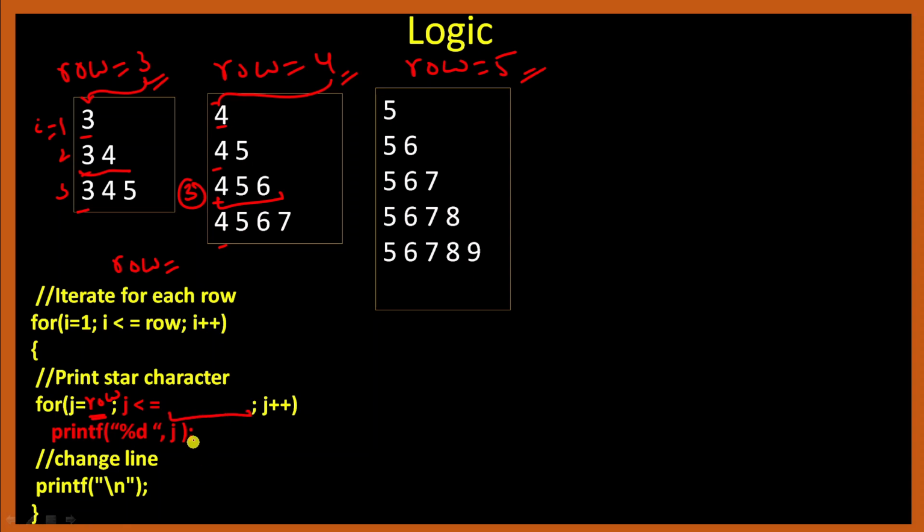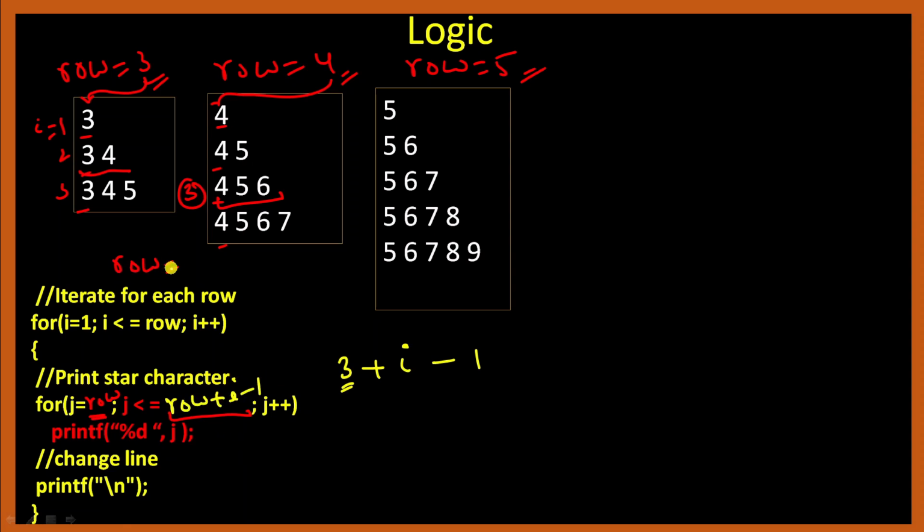Now you are intelligent, I think. What should be put here? Earlier I wrote 3 plus i minus 1, where 3 was the starting point. Now the starting point is decided by row, so I will write row plus i minus 1. Simple.